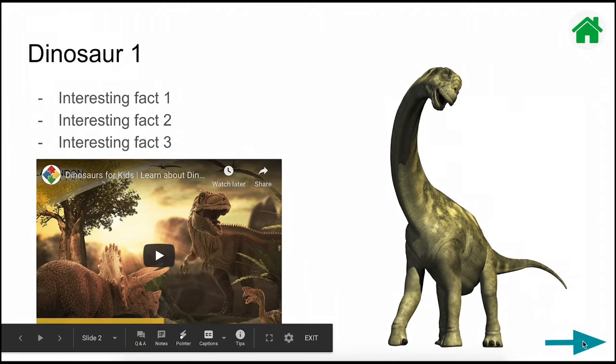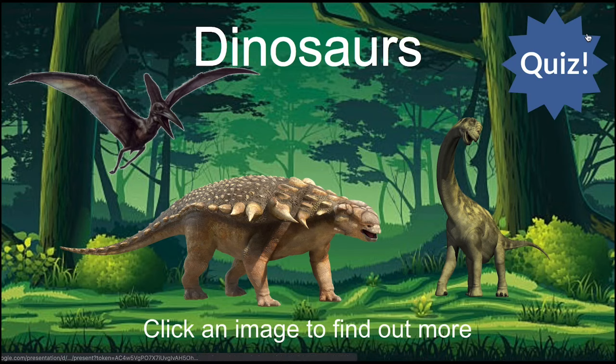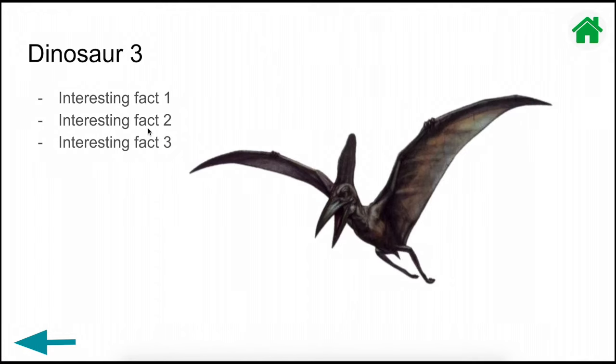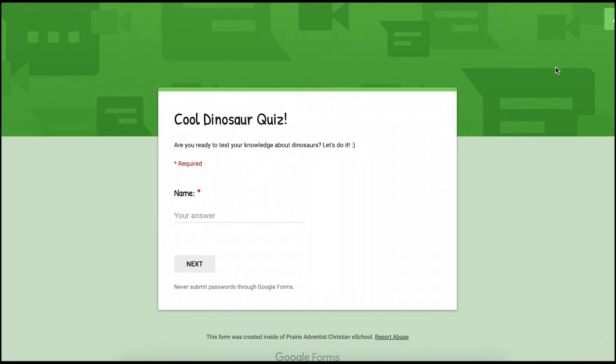We can go back home, take a look at another dinosaur, and more information about that. And notice there's also a button to direct us towards a quiz. Here we have a cool dinosaur quiz that we can take based on what we've learned in the information that we've investigated through going through the interactive poster.